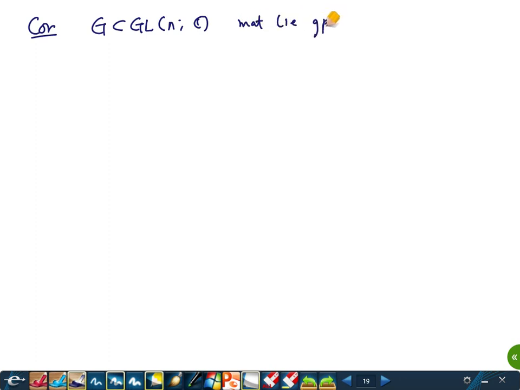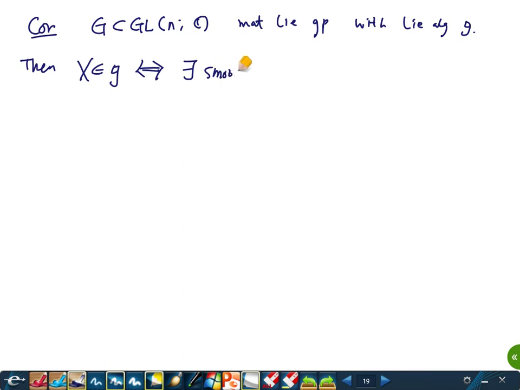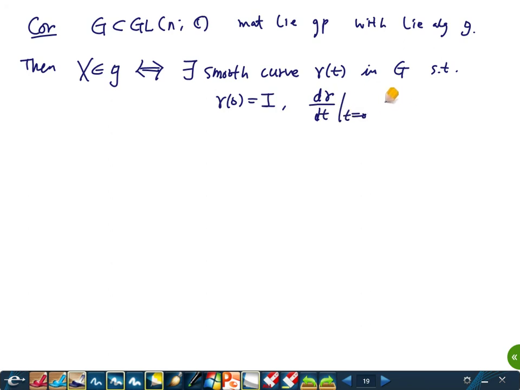Let G be a matrix Lie group with Lie algebra Gothic G. Then X is in Gothic G if and only if there exists a smooth curve gamma of t in G such that gamma of 0 equals identity and d gamma dt evaluated at t equals 0 equals X. The meaning of this is what's important.